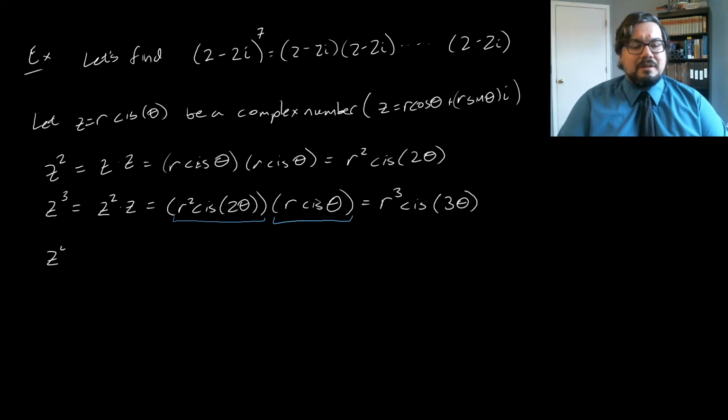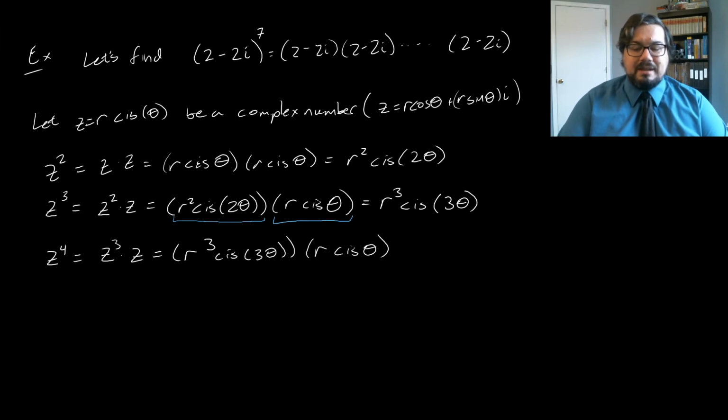A pattern is starting to emerge. Let's do one more computation in order to confirm for ourselves that it's going to work. So z to the fourth is z cubed times z. We know that z cubed from the previous line is r cubed CIS 3 theta, and z is r CIS theta.